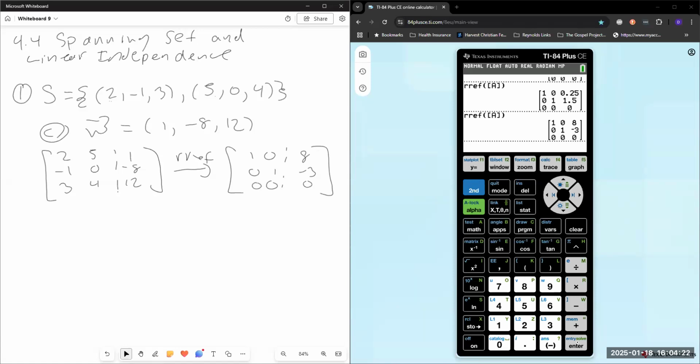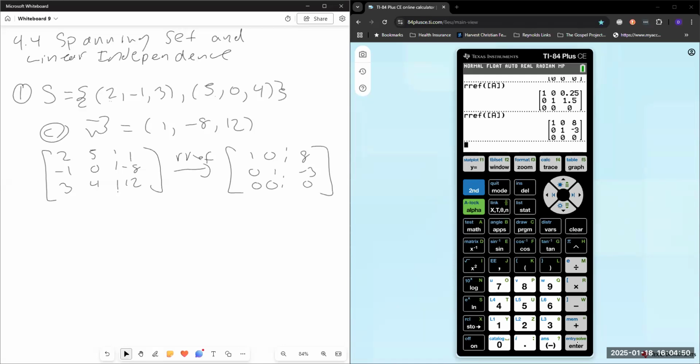What that means so far is that we have been able to use just the x and y components to determine the coefficients here, and the z component just worked out by our choice of the x and y components.